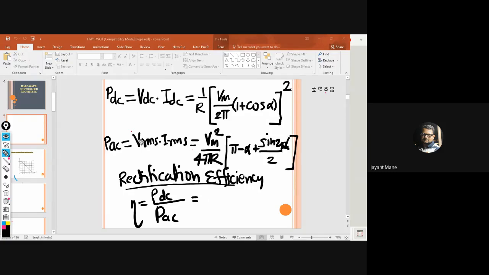Okay, it is difficult to simplify, so we'll just keep it as it is. While solving numericals, we will be directly calculating the values of PDC and PAC and then directly taking the ratio. So it will be easy at that time. But currently all are variables, so it is very difficult to simplify it with the variables. So just keep it as it is.